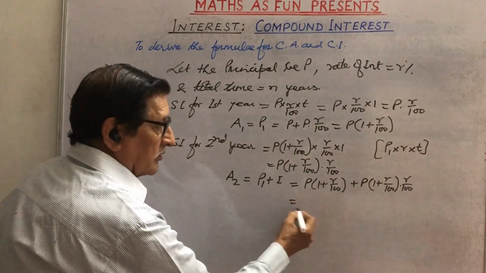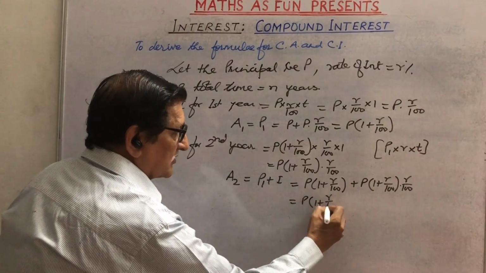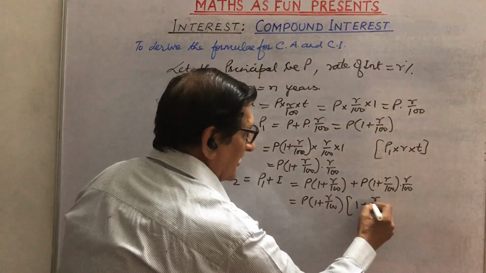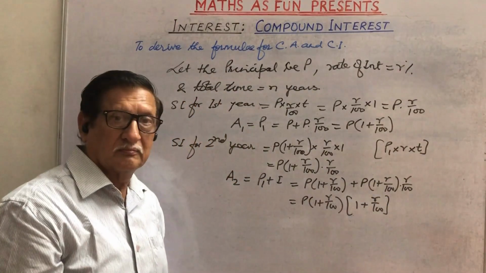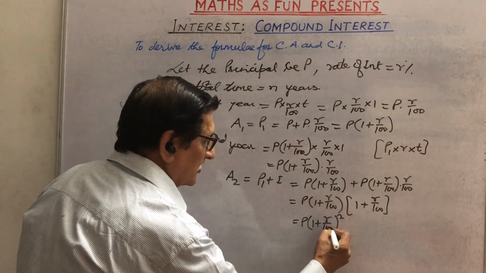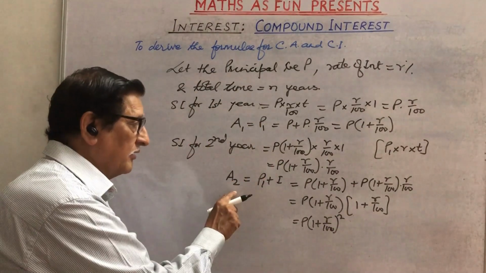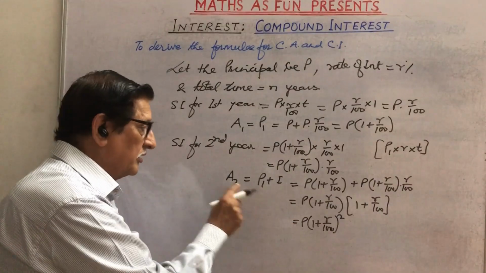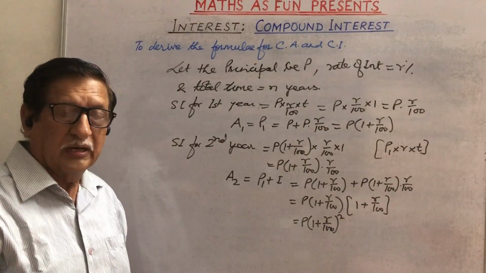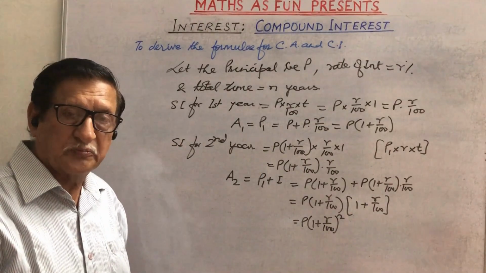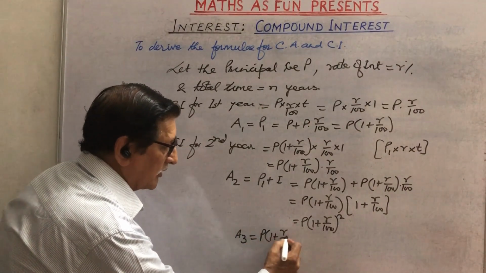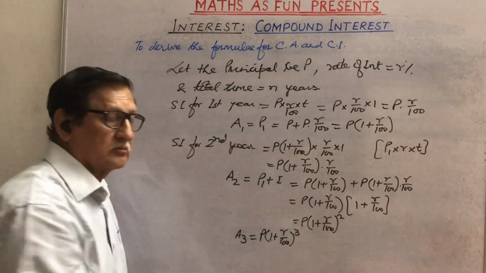If we take P into 1 plus R by 100 common, we will be getting 1 plus R upon 100, or not? This becomes P into 1 plus R upon 100 whole square. Now we take this as the principal for the third year, and then we calculate the interest on the next period. The amount after 3 years will become P into 1 plus R upon 100 to the power 3.